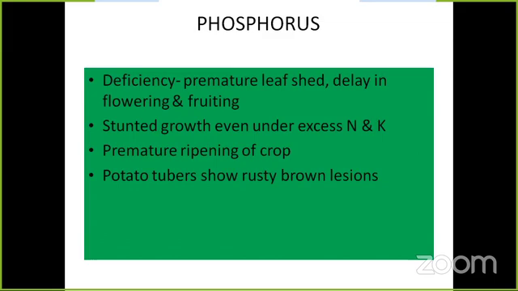So in the right combination, nitrogen, phosphorus and potassium should be given to the plants. That is the management. And when phosphorus is short, premature ripening of the crop happens and yield will be lesser. In crops like potato, it can show rusty brown lesions on the potato tubers.